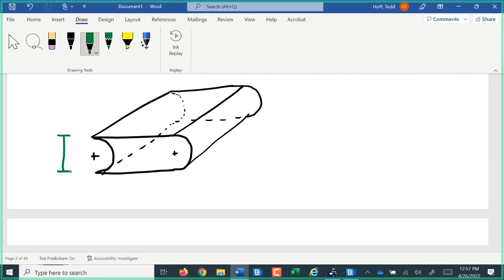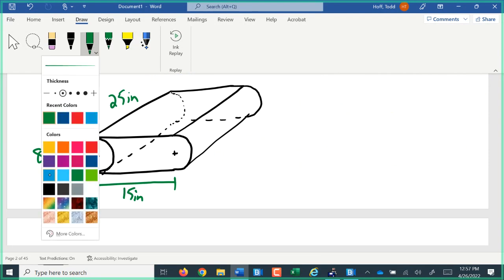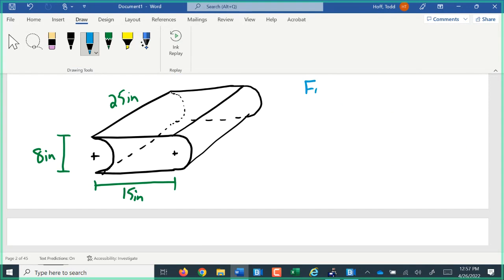So this is going to be 8 inches. To there, let's make that 15 inches. Big book. Let's make this 25 inches here. What kind of book would be that big? Now look. So we're going to start out by finding the volume.